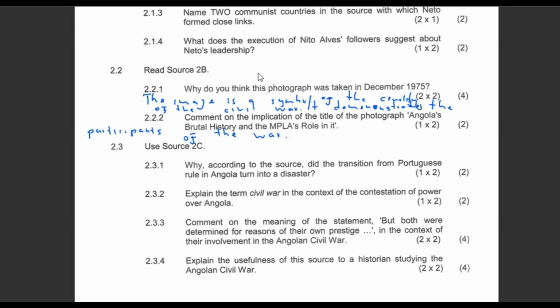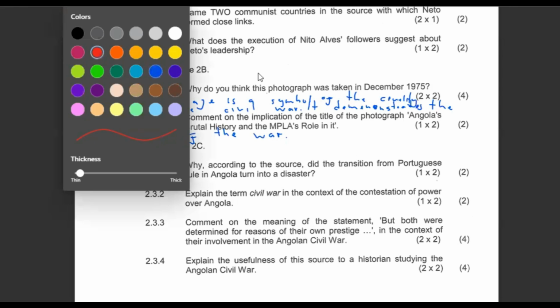The symbol demonstrates the participants of the war, who was involved. In that particular instance, you can see the MPLA fighters. Then comment on the implication of the title of the photograph.